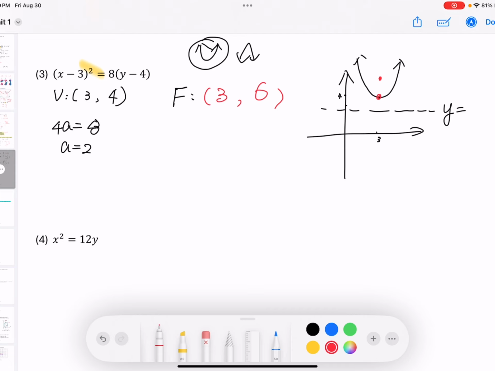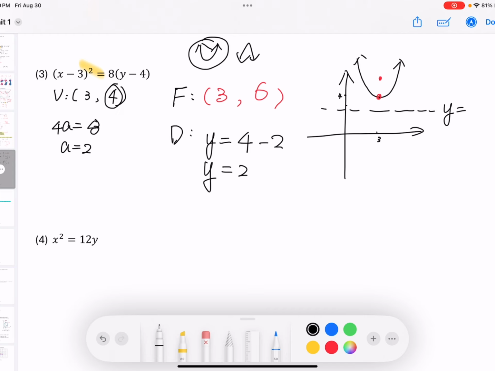How about the directrix? So the directrix is y equals what? So we do the subtraction. We use the 4 minus 2, which is 2. So y equals 2 is my directrix.